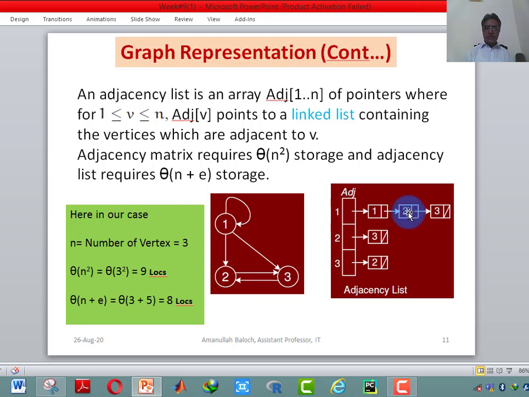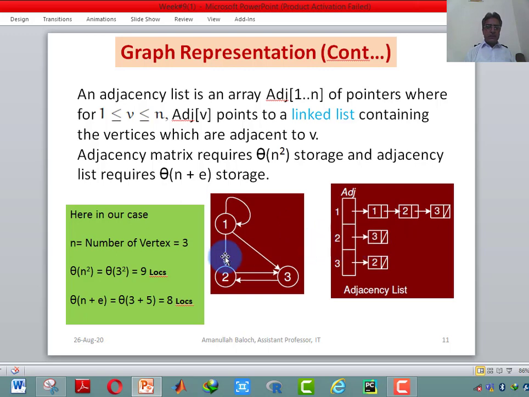From 1 to 3, a single node exists. So from 1 to 1, 1 to 2, and then 1 to 3. There are 3 adjacent edges where adjacency exists.